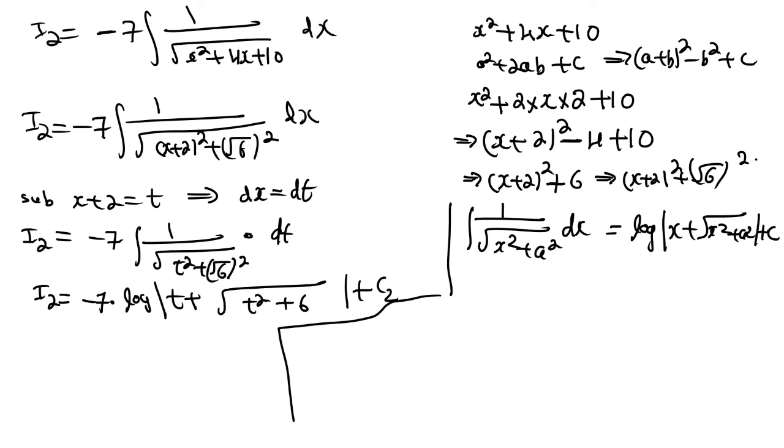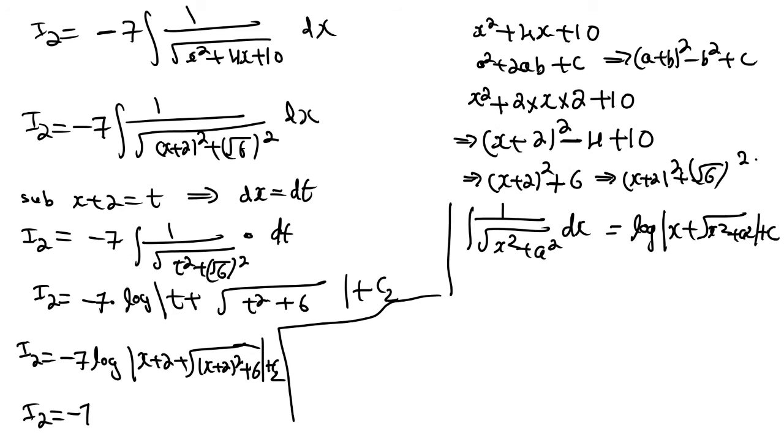In the next step, I2 is equal to minus 7 into log of t plus square root of t square plus 6, where t is equal to x plus 2, plus c2. So I2 value is equal to minus 7 into log of x plus 2 plus square root of x plus 2 whole square plus 6, which is nothing but x square plus 4x plus 10, the given expression, plus c2.